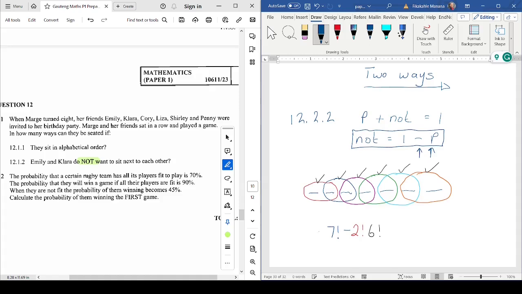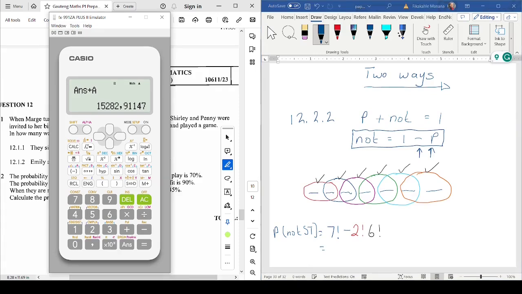So this then is the probability of them not sitting together. Right, let's put this in a calculator. Fortunately, our calculator can do these calculations. So it's 7, and then you have to look for your factorial.